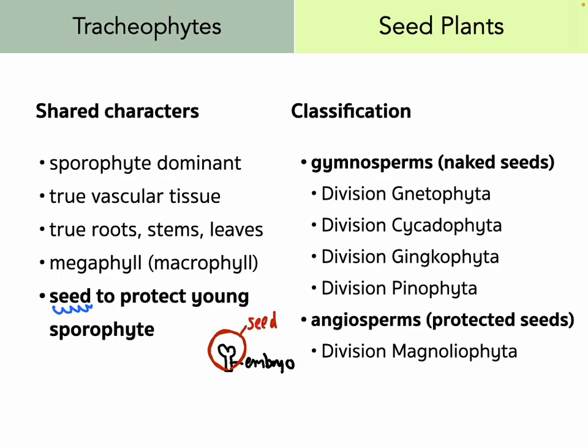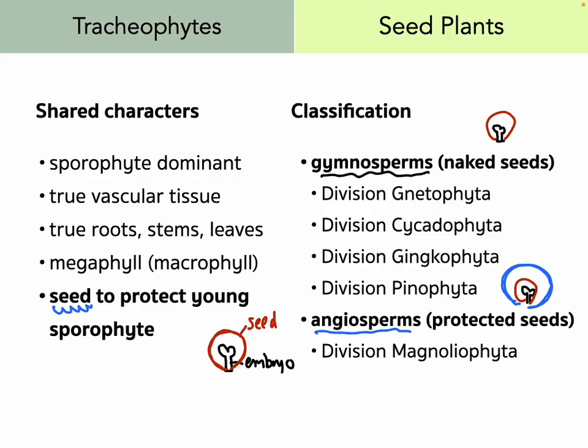The one with just the seed to protect the young embryo is called gymnosperm, and the one that has seed and also the fruit to protect the seed is called angiosperm. So there are 5 divisions in total: Gnetophyta, Cycadophyta, Ginkgophyta, Pinophyta, and Magnoliophyta. Okay, we're going to walk through each of them together.